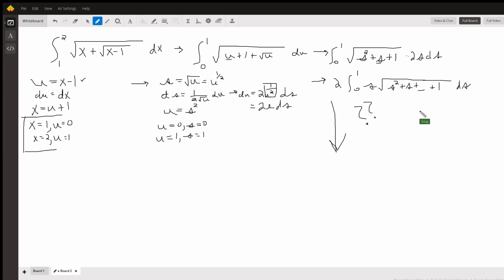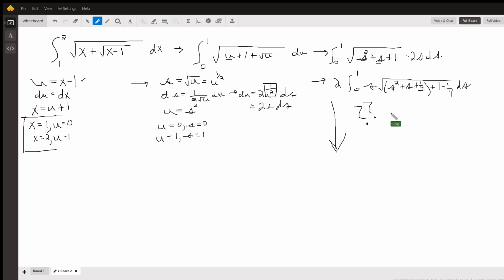Now we have to use some trigonometric substitution to try to get rid of this radical. And we might be able to complete the square here and make this a perfect square trinomial. So half of b, the number in front of s, is 1/2. Squared is 1/4. To keep it in balance, I have to subtract a 4th.